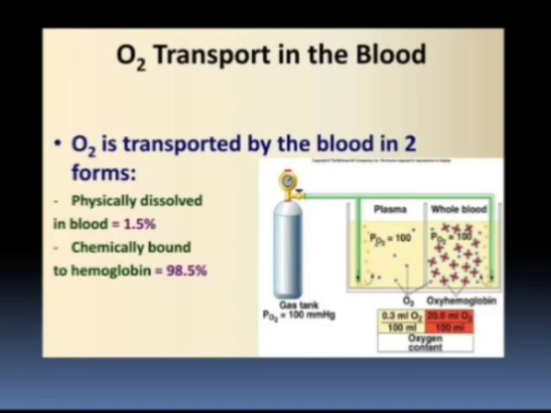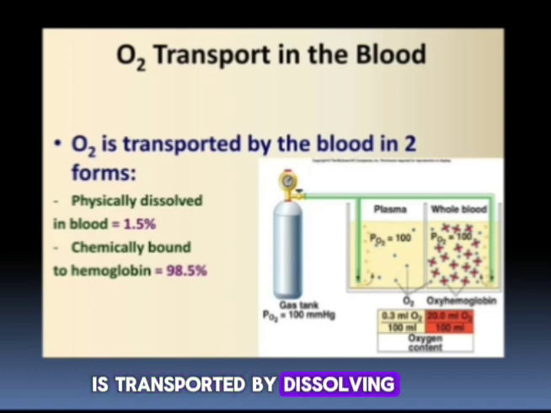Only a negligible amount of oxygen, about 1.5%, is transported by dissolving in plasma, which is the fluid component of the blood.